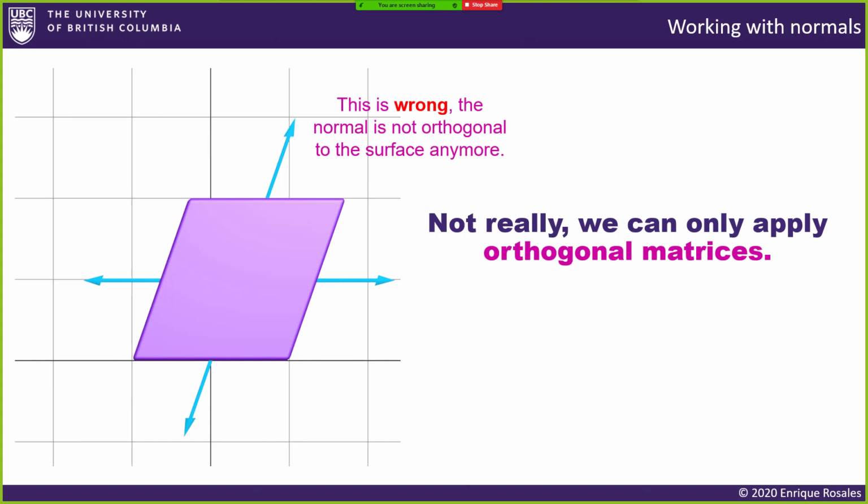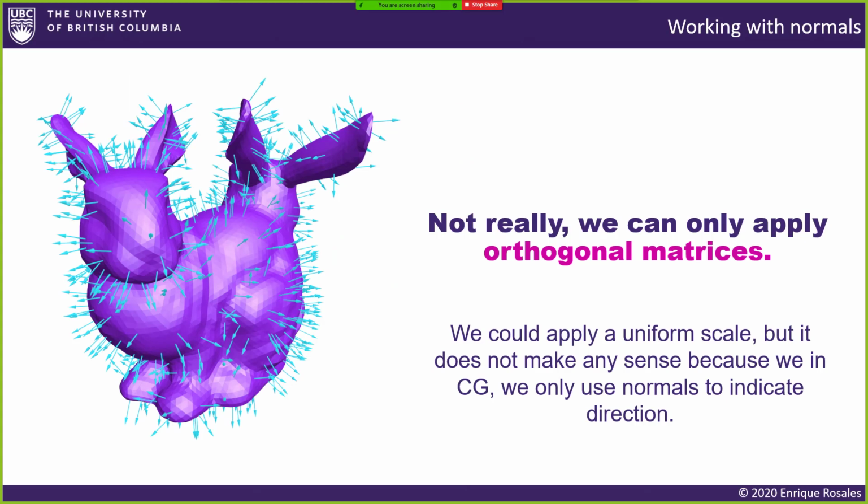So we could also apply uniform scale. As Nam said, we could apply scaling, right? So uniform scale could also be applied because a uniform scale is basically orthogonal, right? You basically keep the basis vectors orthogonal between them, and you're just scaling those vectors.